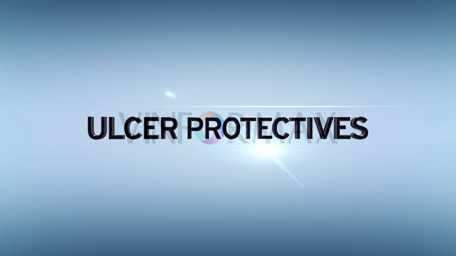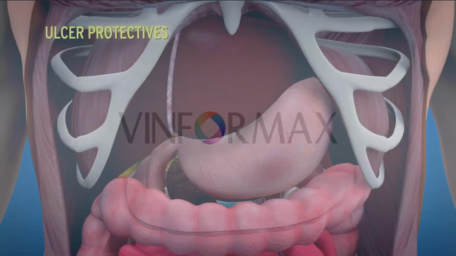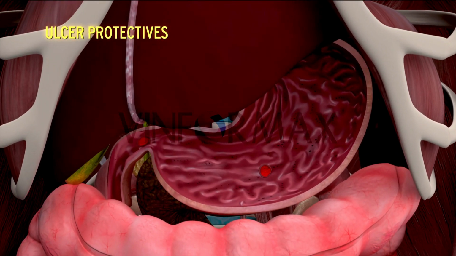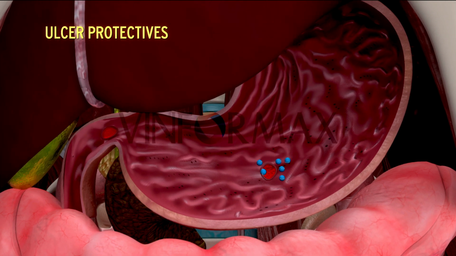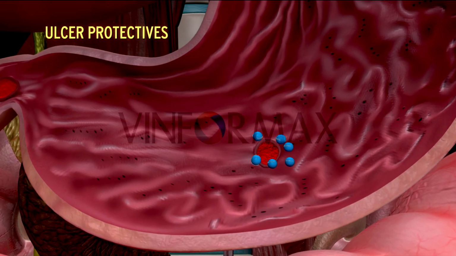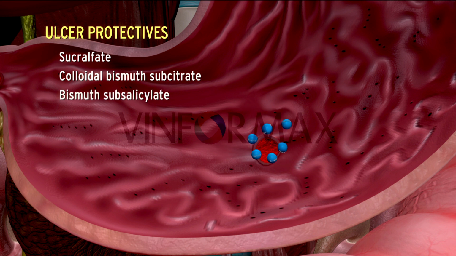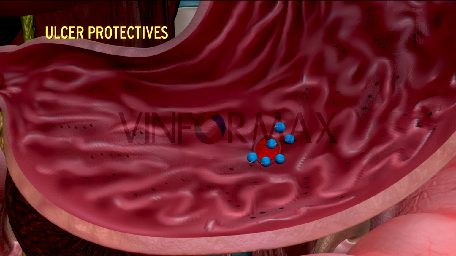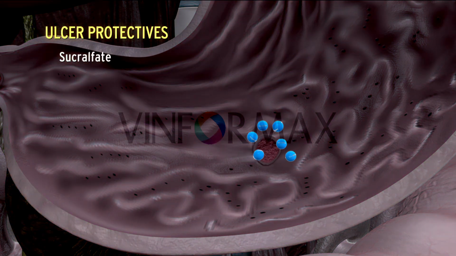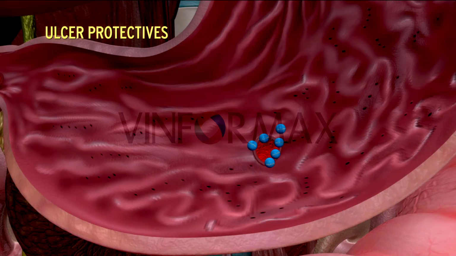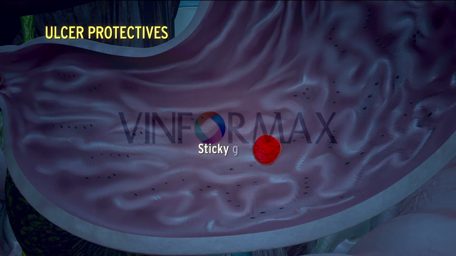Ulcer protectives. Drugs which protect the ulcers from further damage are called ulcer protective drugs. Sucralfate, colloidal bismuth subcitrate, and bismuth subsalicylate are the ulcer protective drugs. Sucralfate is an aluminium salt of sulfated sucrose. In an acidic environment, it forms a sticky gel over the ulcer crater which acts as an acid-resistant physical barrier.